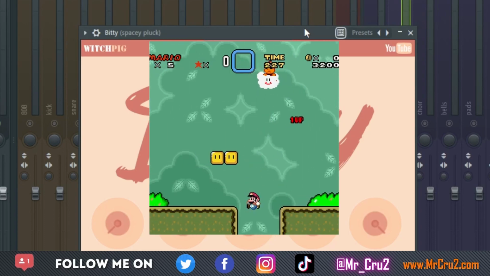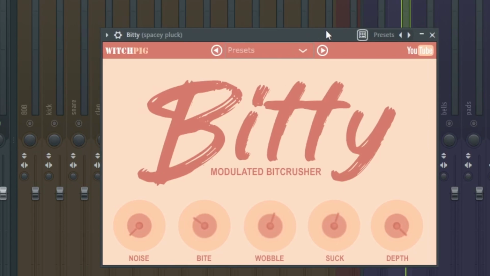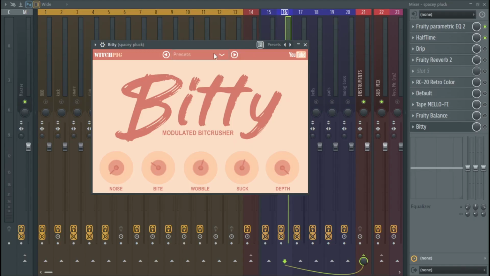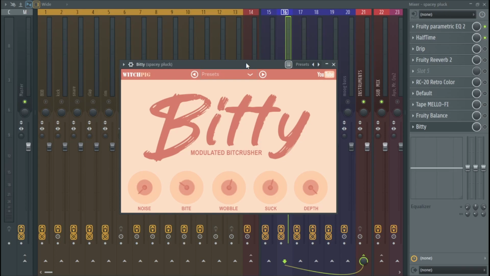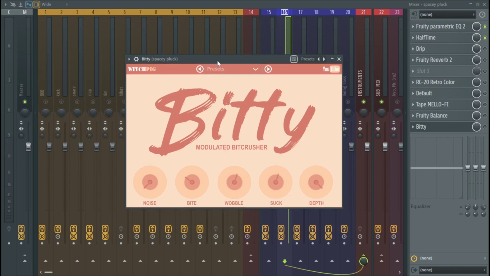That's because they were able to increase the quality up to 16 bits. So that's what a bit crusher does. It starts at whatever maximum quality is, and as you turn these knobs, you crush the bit depth of that sound, essentially resorting it back to old school computerized graphic music. That's the best way that I can describe it.